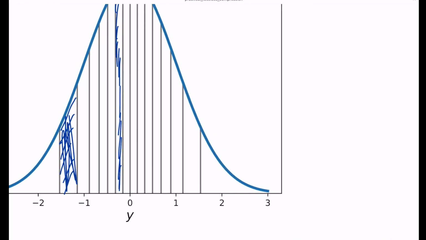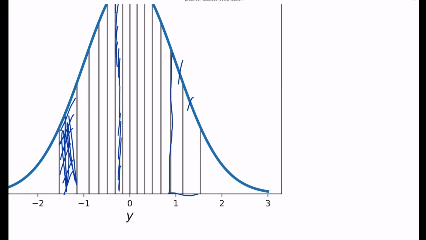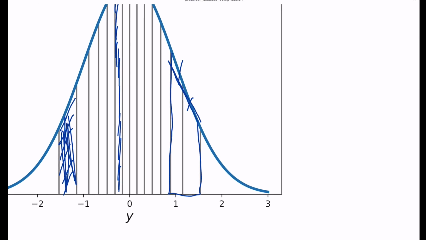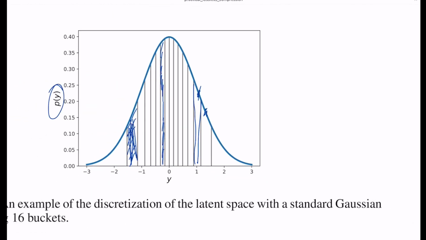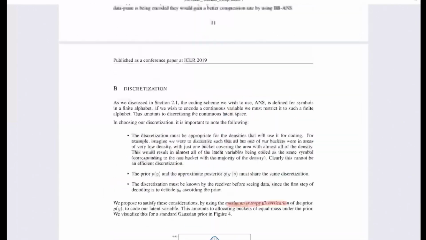So if you take two samples from here and there, and you make this a bin, then the samples would be the same. So you would lose information. But if you make the bins so that the areas under them are equal, then the most information is preserved.